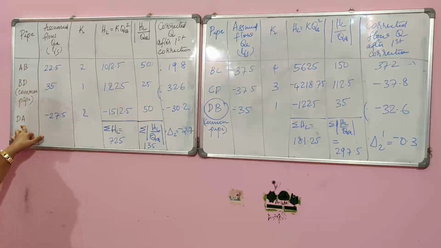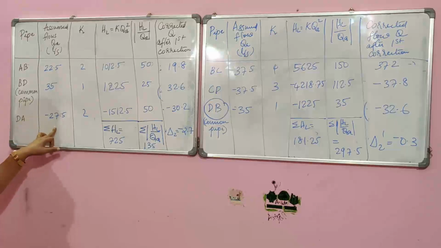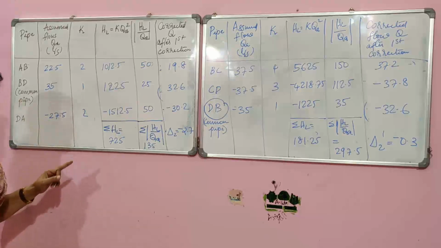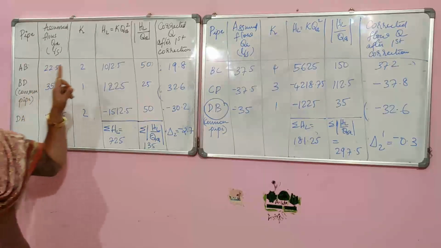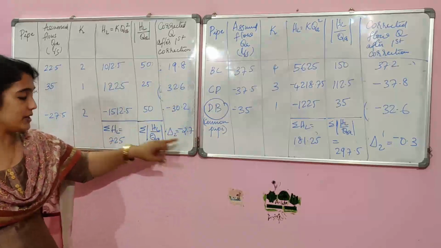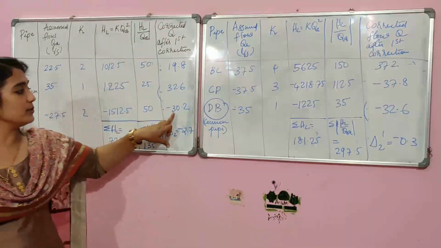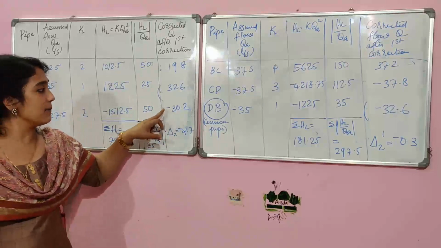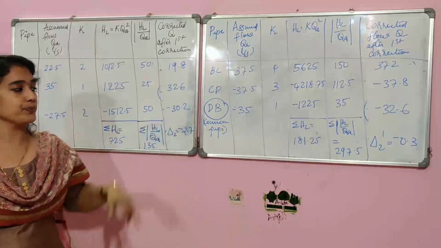You can calculate the flow correction directly for the pipe DA, where the already assumed flow is minus 27.5. You have to add the second correction, minus 2.7, to this value, then you get minus 30.2.